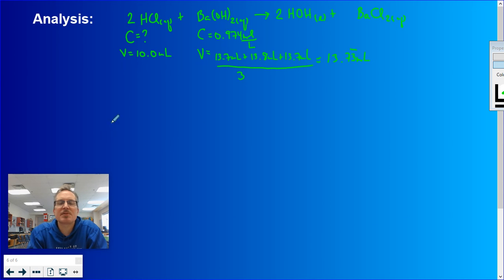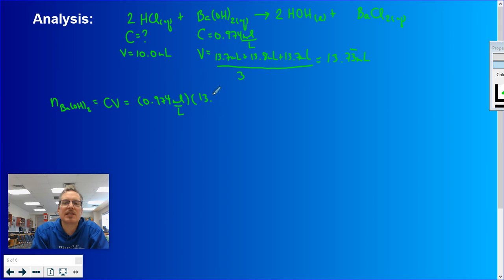Now, this should remind you of stoichiometry. Our first step is to find the moles of the known. To find the moles of Ba(OH)2, it's concentration times volume. My concentration is 0.974 moles per liter times 13.73 repeating milliliters.